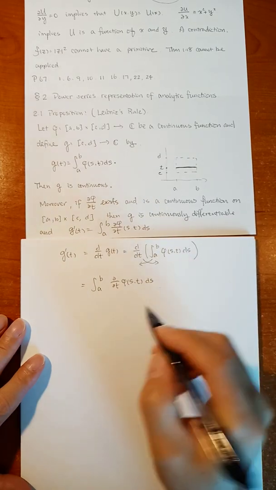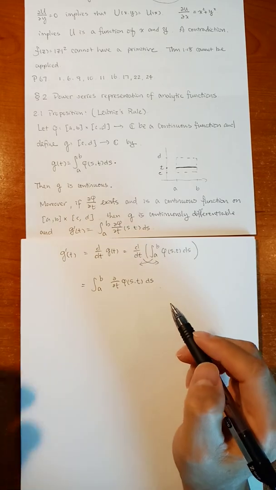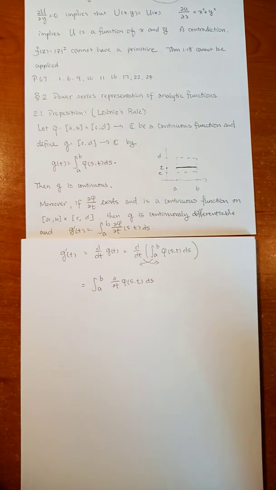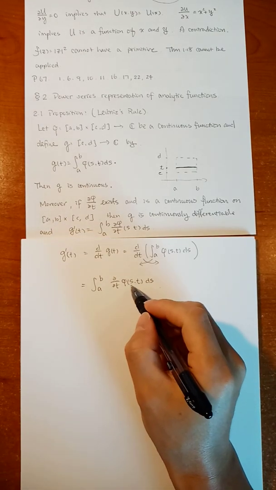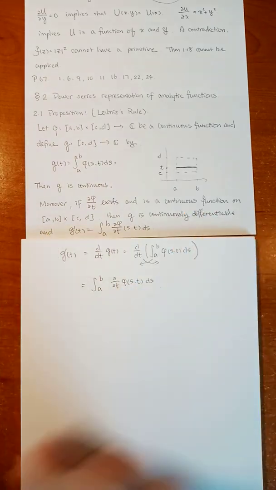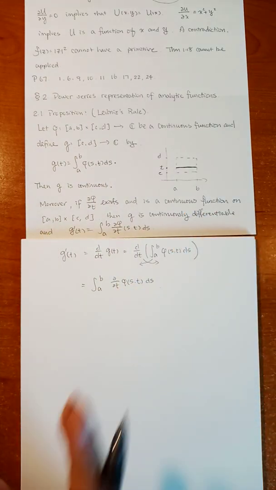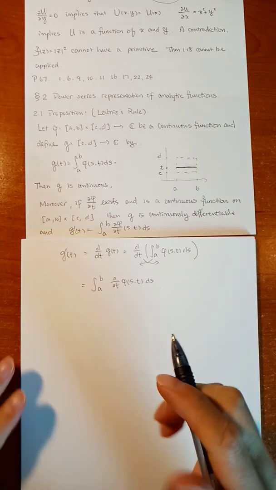You can apply the differentiation first inside and then the integration second. So that's the meaning of the Leibniz rule. We can exchange those two orders. Roughly speaking, the reason is that these two coordinates are independent. They are not affecting each other. Okay, so that's our idea.